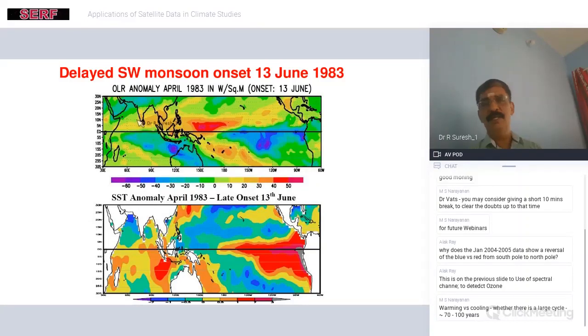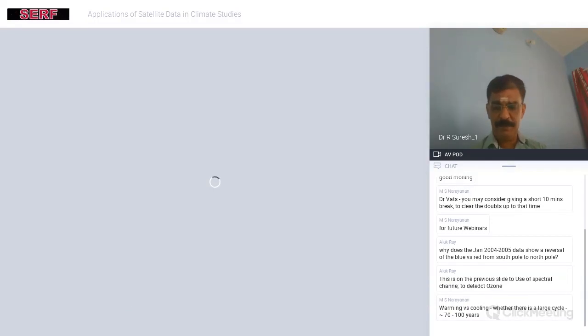What does it suggest? Naturally, the clouding has not reached, and that is probably one of the reasons for the anomaly we are plotting. At the same time, the sea surface temperature was cool. The sea surface temperature anomaly was negative. So the sea surface was cool. This also explains why the delayed onset was taking place. This also was published in a paper, from which I copy pasted.